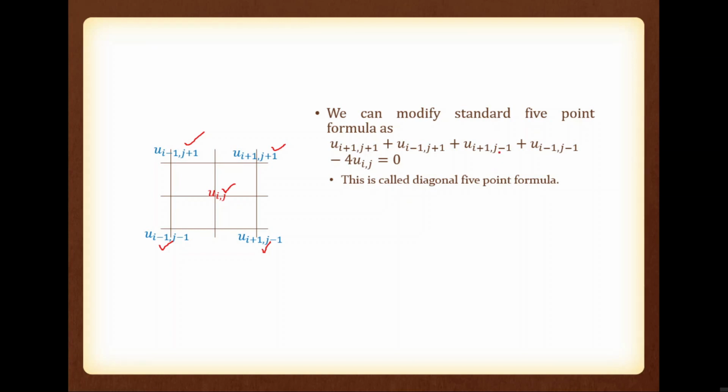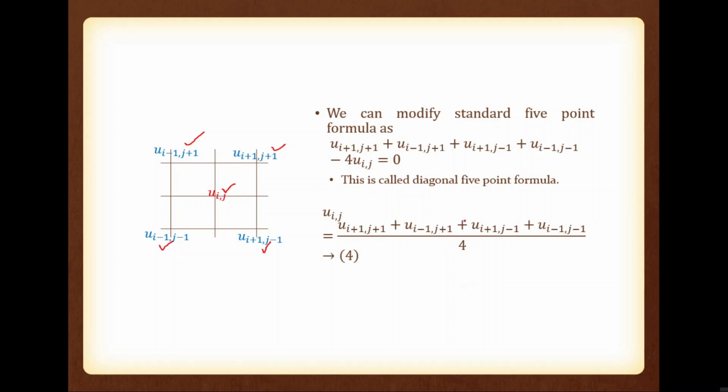Okay. So if you are using the direct elimination method and if you are using the diagonal 5-point formula, you can use this equation. If you are using the iterative method, then you can write ui comma j equal to the average of these points, that is ui plus 1 comma j plus 1 plus ui minus 1 comma j plus 1 plus ui plus 1 comma j minus 1 plus ui minus 1 comma j minus 1 divided by 4.